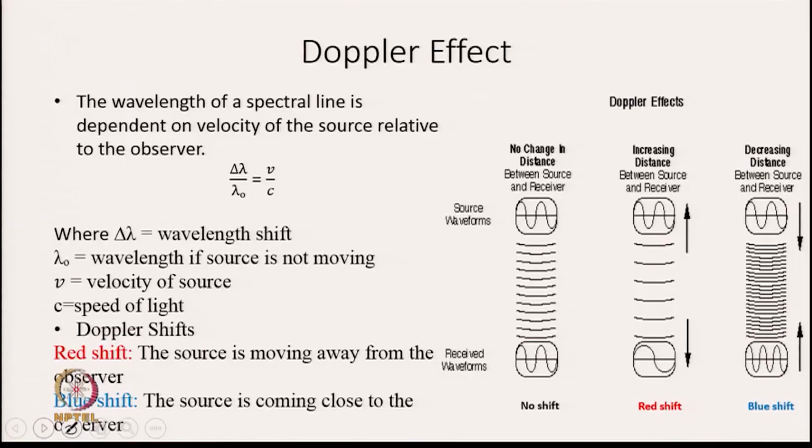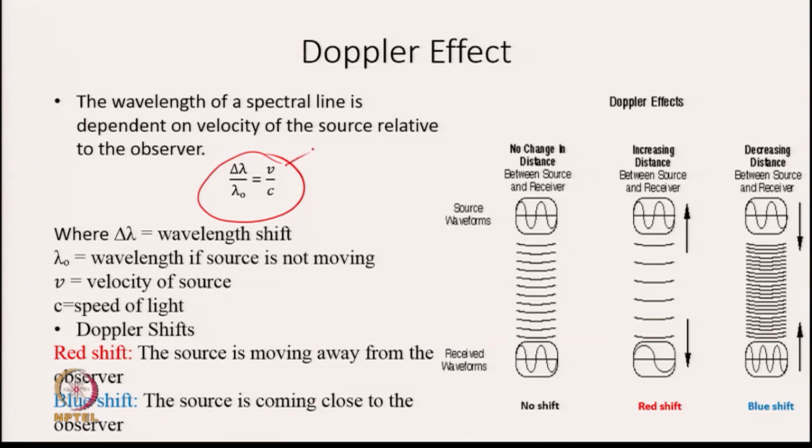Apart from Heisenberg uncertainty principle, Doppler effect can also affect the broadening of spectra. So, the wavelength of a spectral line is dependent on the velocity of the source relative to the observer, and the relationship is given here: delta lambda by lambda naught is equal to V by C, where delta lambda is the wavelength shift, or you can say line broadening, and lambda 0 is the wavelength of the source when it is not moving.